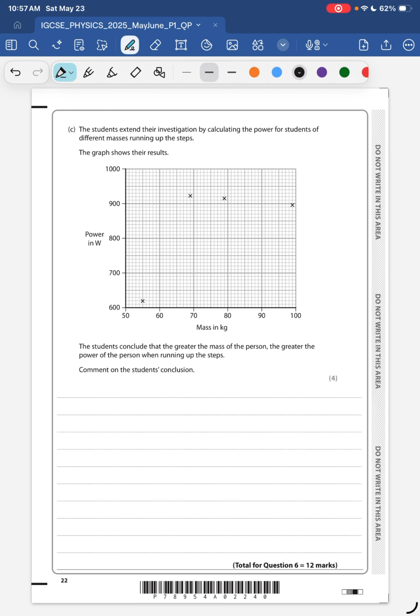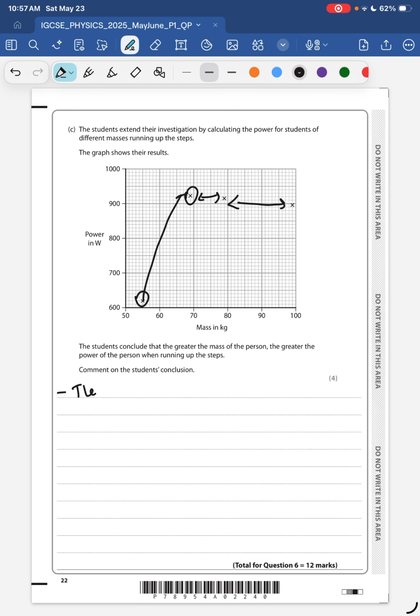Okay, so first of all, we just have 4 data points, and then we have this wild jump from 55 kilograms to 68 kilograms. So we don't have enough data points, and we are missing lots of data points. So we cannot really tell what's going on.